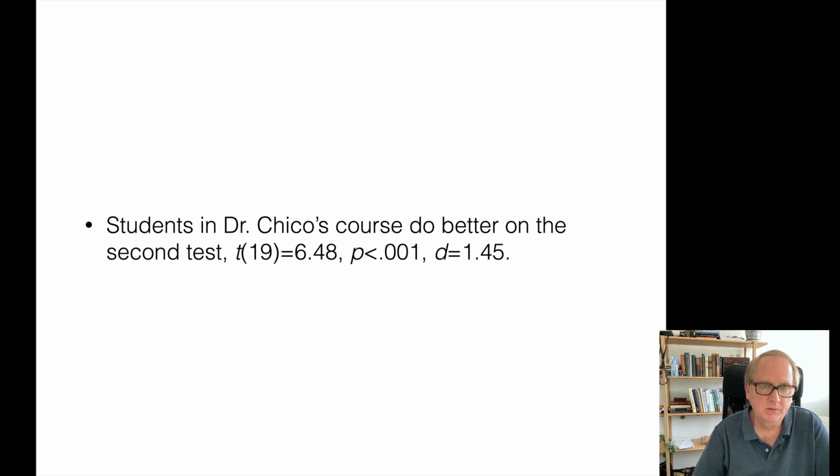I can say that in a directional way, comma, t, then in brackets 19, is equal to 6.48. That's the t that Jamovi computed for us. I give the probability, and Jamovi is just going to round it to 0.001, so I just say p less than 0.001, and that my effect size is a whopping large Cohen's d of 1.45.